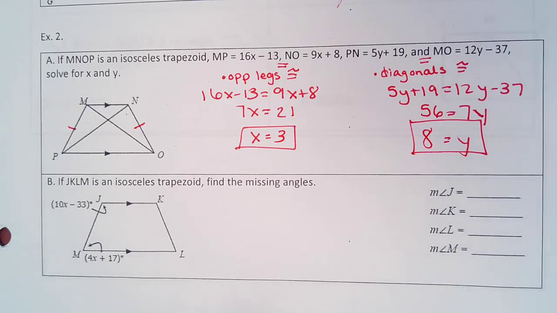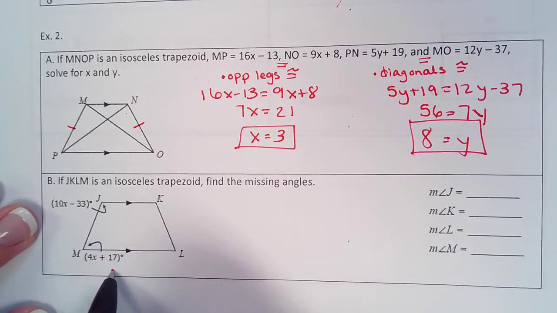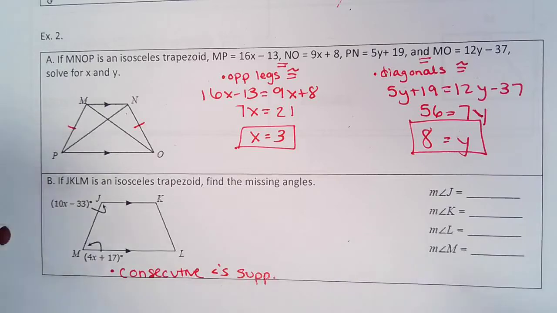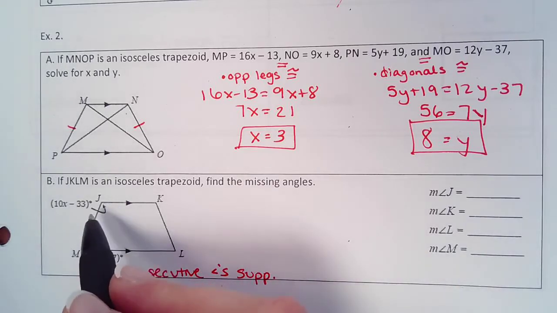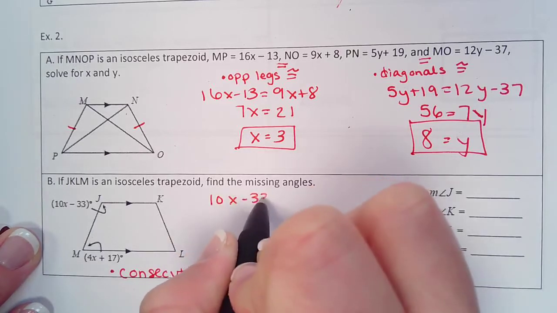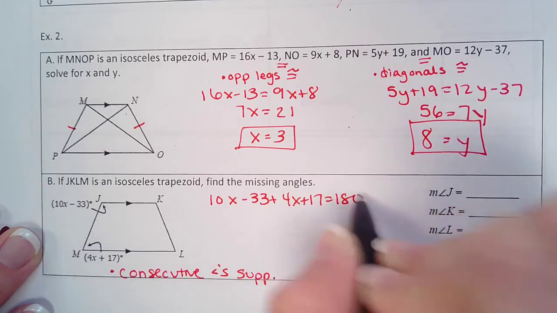Number 8. If JKLM is an isosceles trapezoid, find the missing angles. So we're given some measurements here. I know that J and M are consecutive interior angles, and I know that consecutive angles are supplementary. So let's go ahead and say J plus M equals 180. 10x minus 33 plus 4x plus 17 equals 180.